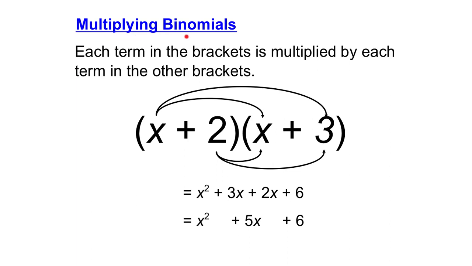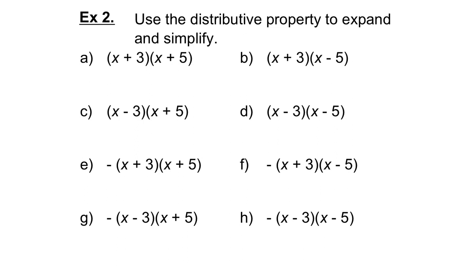When we're multiplying binomials, bi meaning two, nomials, the number of terms in an expression, we're multiplying expressions that have two terms. So here's a binomial multiplied by another binomial. Each term is multiplied by each term in the other binomial. So here are several expressions that I'd like you to expand and simplify using that distributive property. So pause the video and try this.